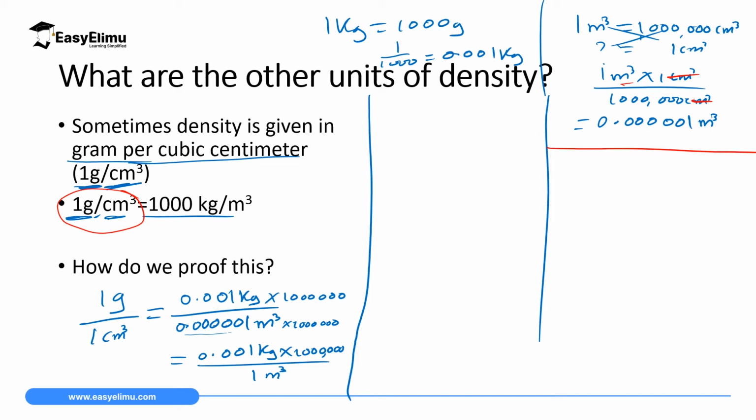We have multiplied by the same number on top and bottom, which has removed these decimal places. Then this three zeros will take the 3 decimal points, and we will remain with 3 zeros here. So it means it will be 1000.